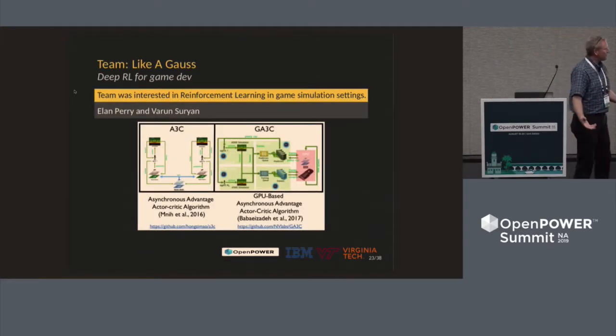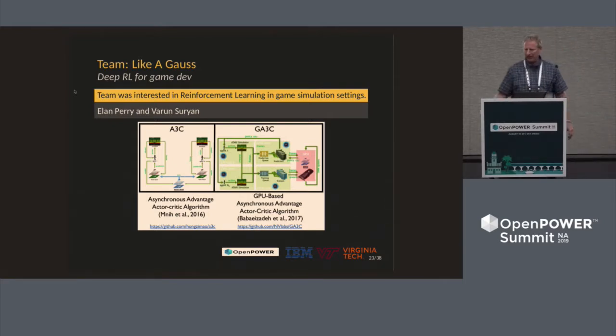The first team, like a Gauss, turns out that one of the 2 members is in our School of Medicine, and he works in an NMR or MRI lab. And so that's where the name comes from, I guess. But anyhow, they were brand new to deep learning. For whatever reason, they were really interested in reinforcement learning.